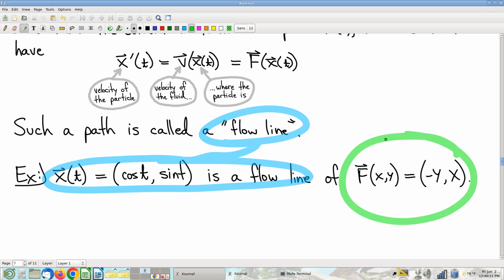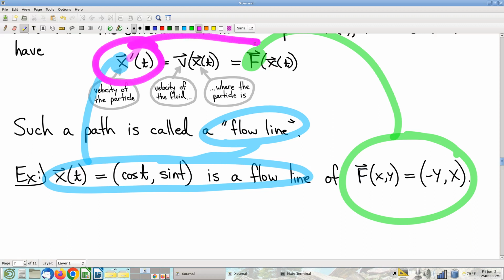So again, the vector field represents velocity, and the way that you're going to confirm this is you're going to write down the vector field, there it is, and then you're going to take your parametric curve, and take the derivative of that parametric curve, and confirm that that derivative is equal to the field vector. So it's a matter of writing them down, taking derivatives, and noticing you get the same thing. Everybody happy? Okay. All right.